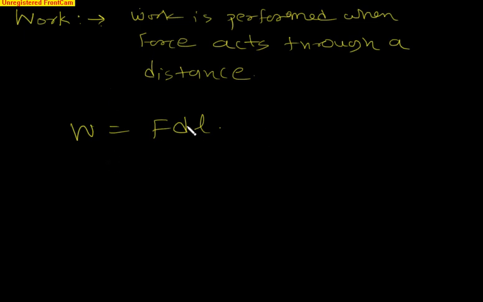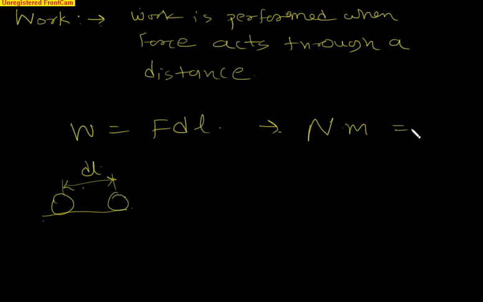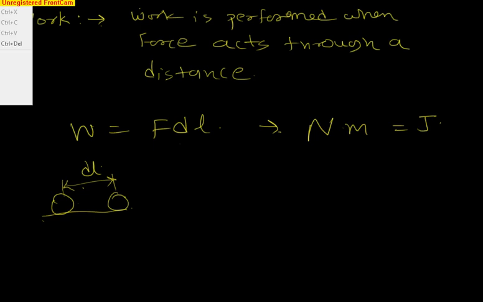Okay. Now, the unit of force is nothing but Newton, and dl is nothing but distance or change in distance. Okay, for example, I have moved this rock from here to here. Okay, then the distance between them is dl, and the force which is required to move it here is nothing but F. Newton, and dl is nothing but meter, combinedly joule. Okay, this is the definition of work, or the meaning of work.